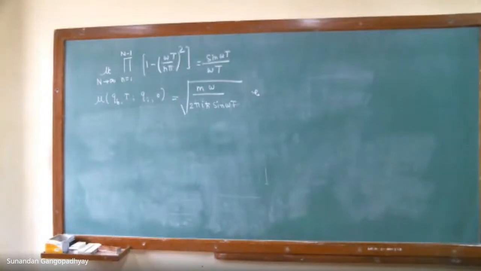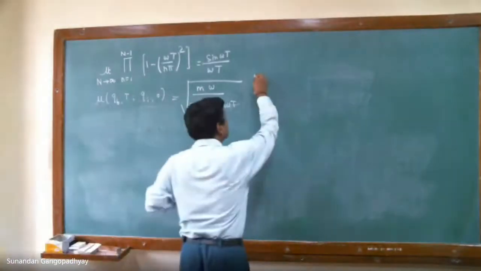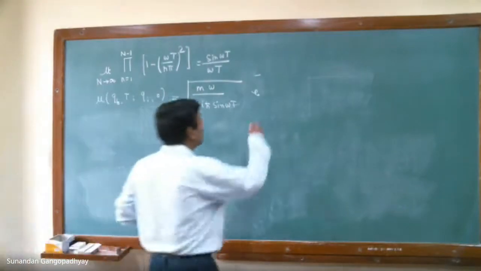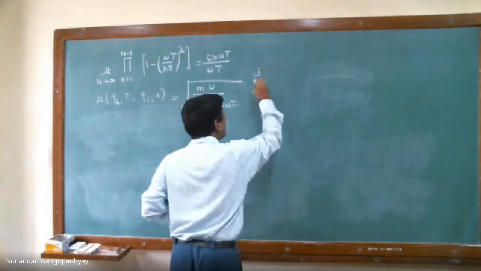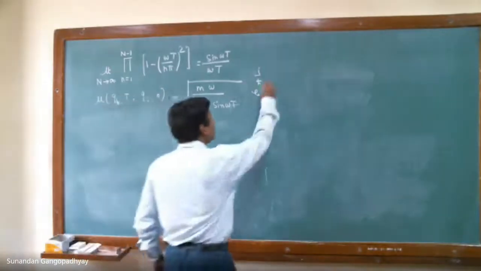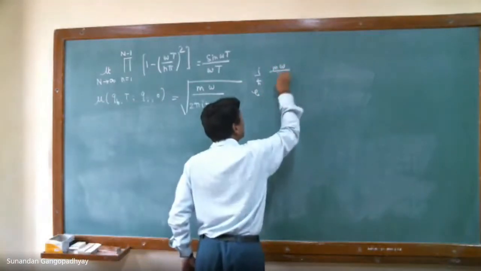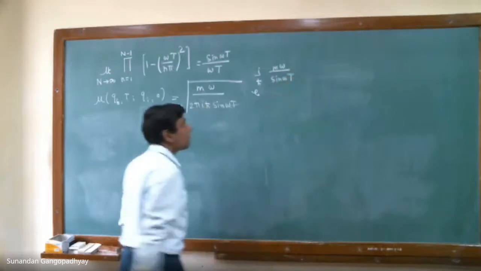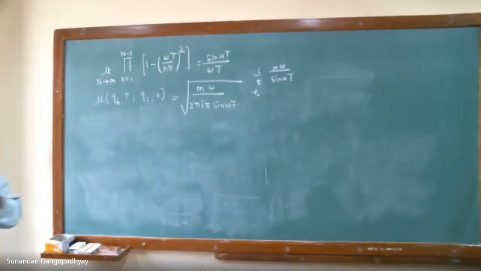So let me just write this also. This is basically I h bar, m omega by sine omega t, sine omega t cosine omega t minus 1.